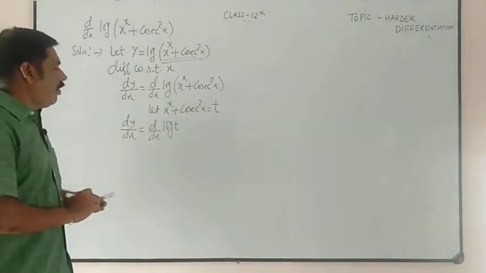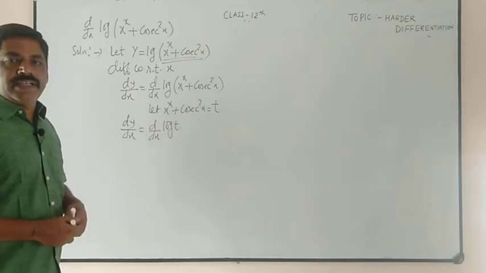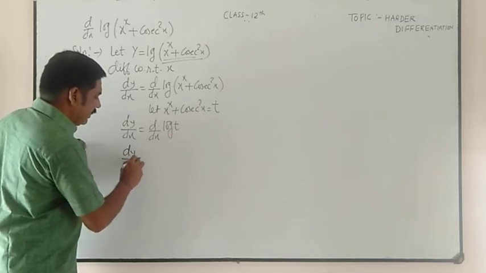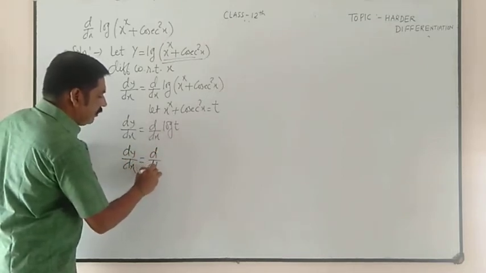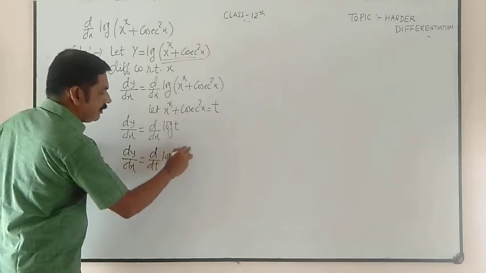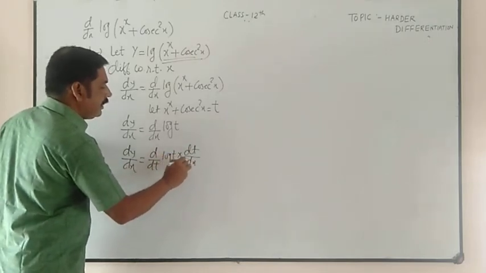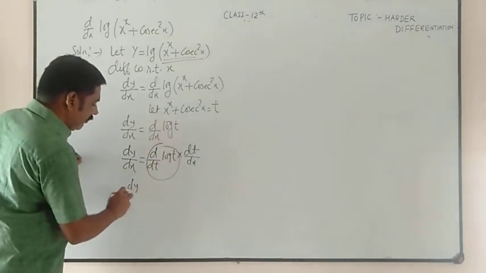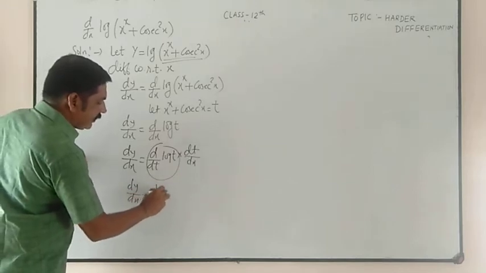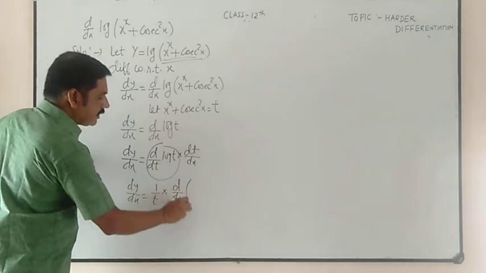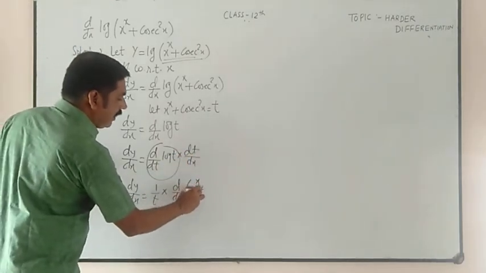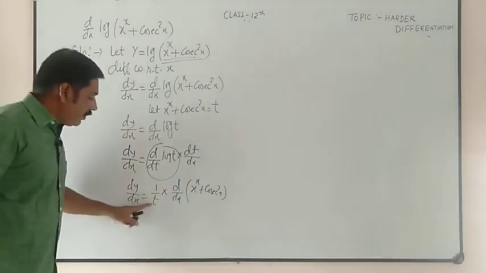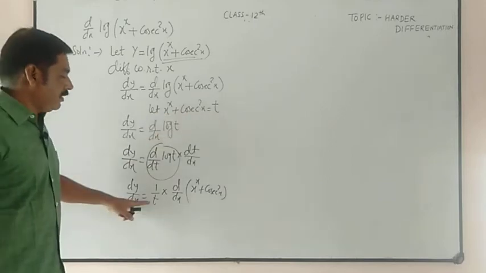Now the function is in the form of t and we have to differentiate with respect to x. So we can't differentiate directly. So write d by dx as d by dt log t into dt upon dx. Now differentiation of log t is 1 upon t into d upon dx. Now put the value of t, x raised to x plus cosec square x.